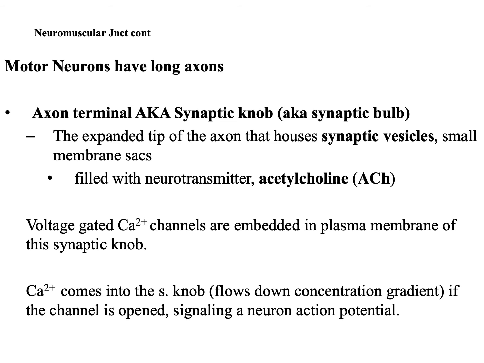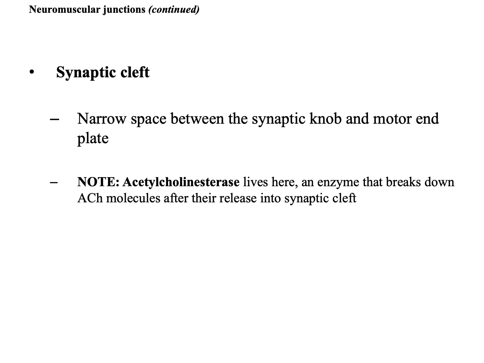I need to leave that nerve and go stimulate something. So it does. When the calcium comes into the neuron, the acetylcholine gets the message, it's time for me to leave. He is actually going to exocytose out of that neuron through the synaptic cleft, and he's going to go find a receiver on the motor end plate.